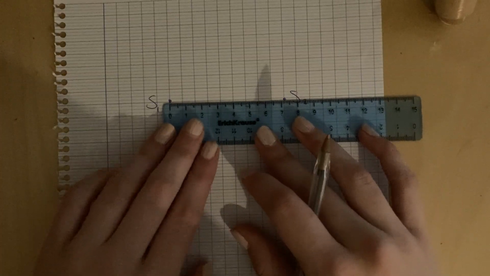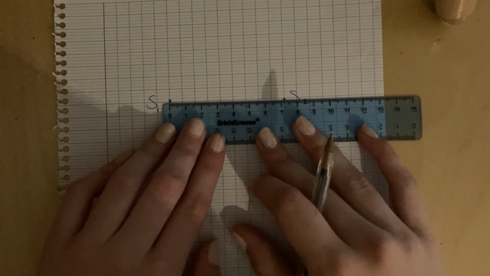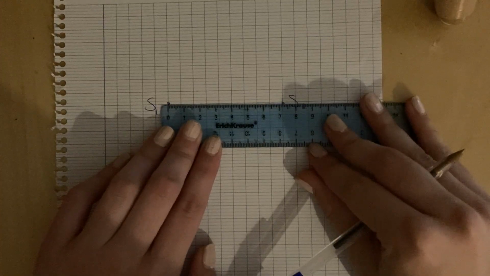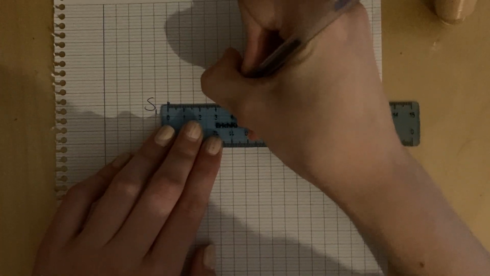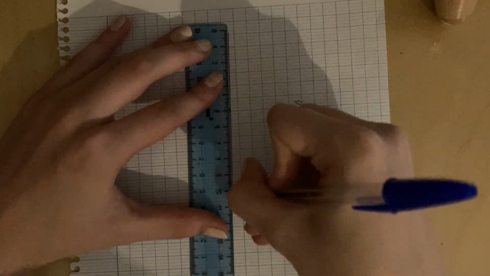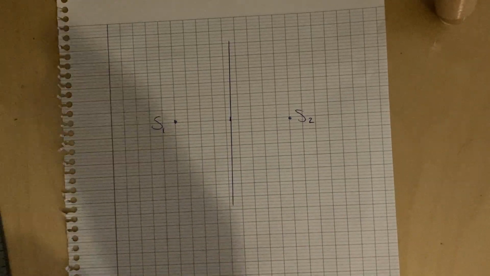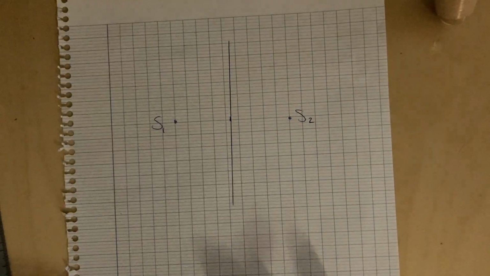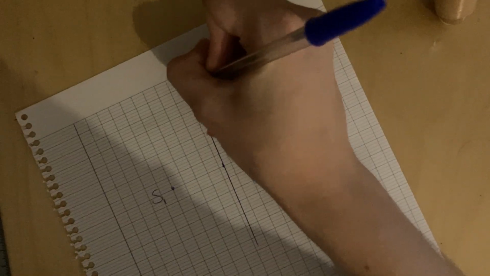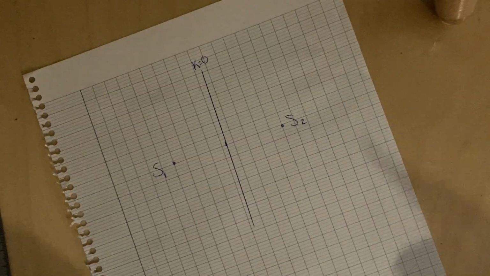So these two points are, let's say, 7 centimeters away. 3.5 is the midpoint between them, meaning at 3.5 we have our first constructive fringe. This fringe is called K equals 0, so it's at order 0.